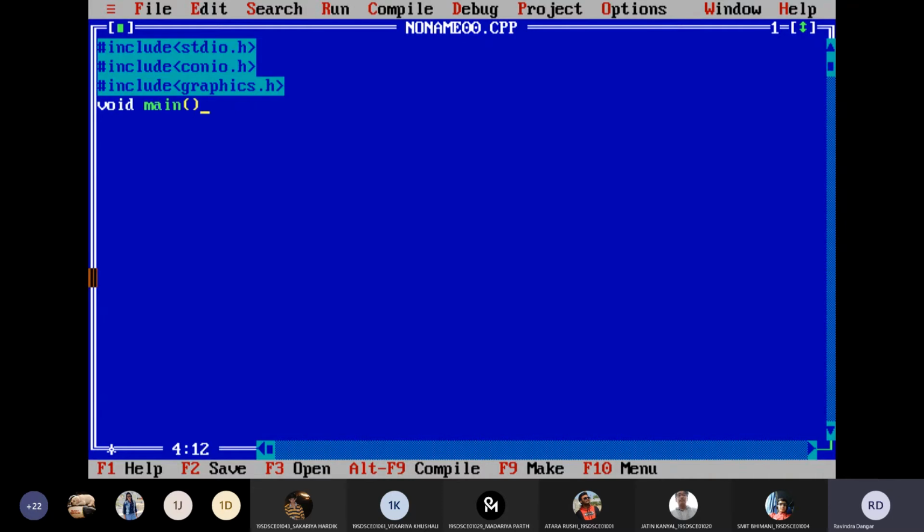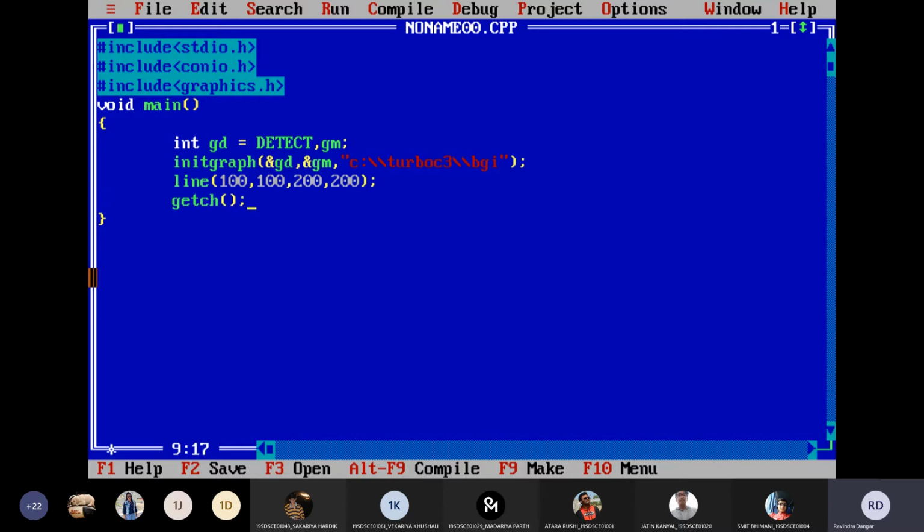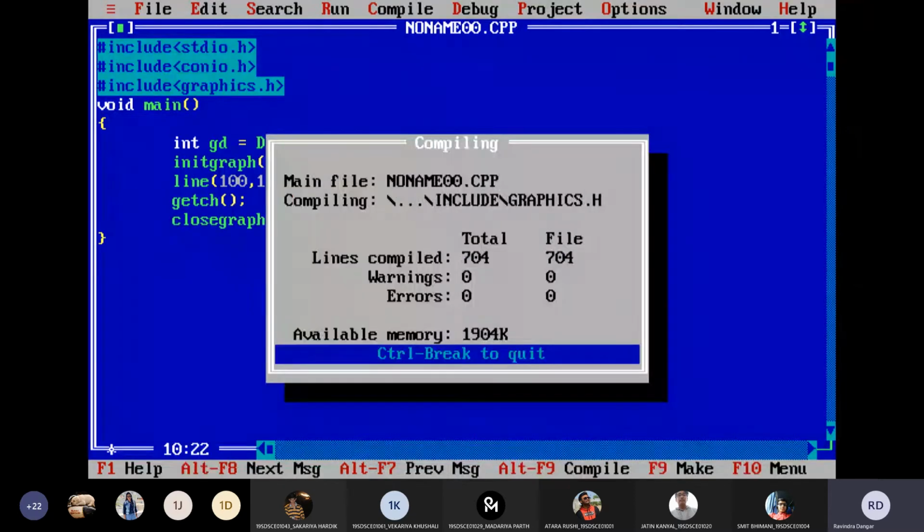And void main, detect the driver, integer gd, init graph, gd and gm. Let me just test it with a line from 100 100 to 200 200. Yeah, so it is working fine.